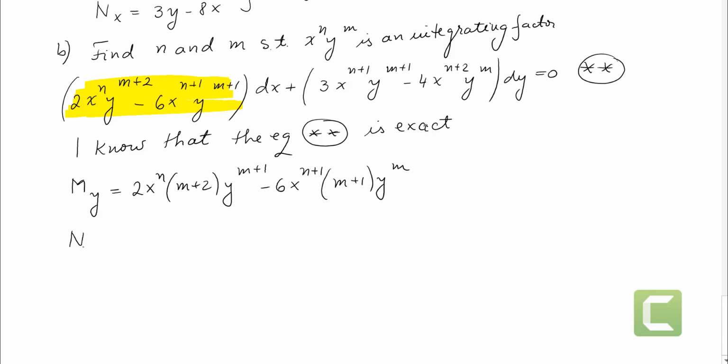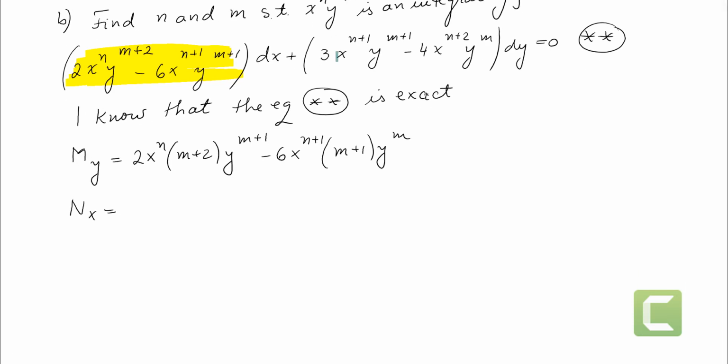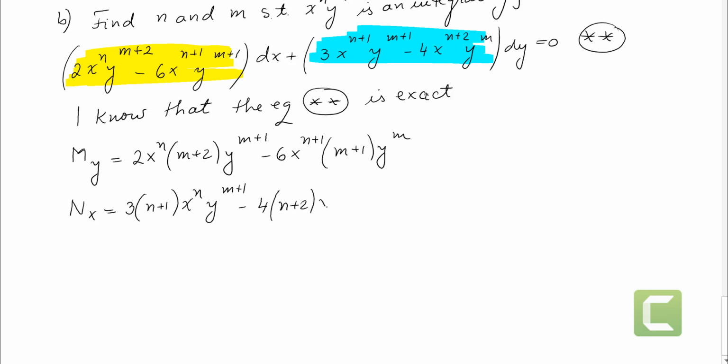And N_x, the derivative of N with respect to x, which is the second function, is 3 (n plus 1) x to the n, y to the m plus 1, minus 4 (n plus 2) x to the n plus 1, y to the m.